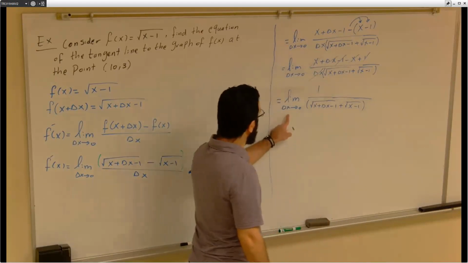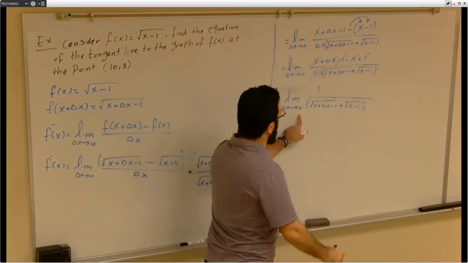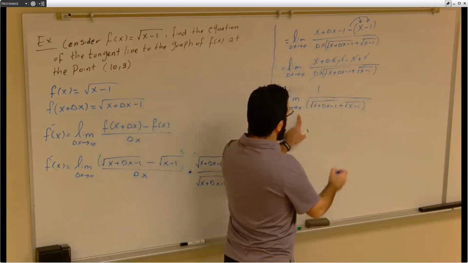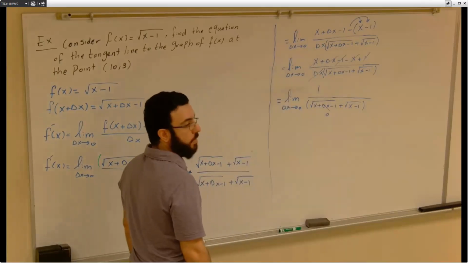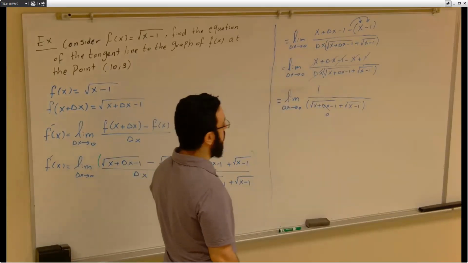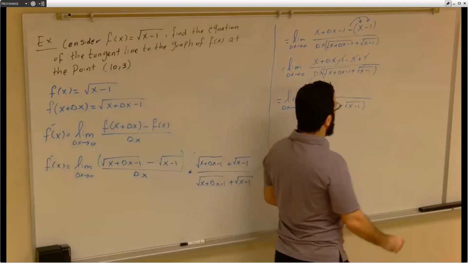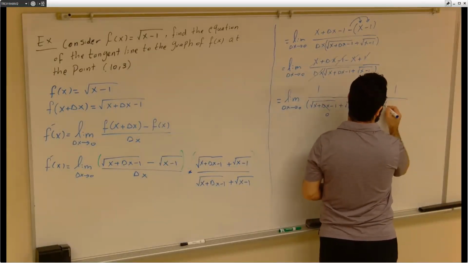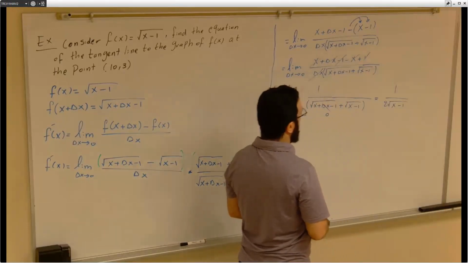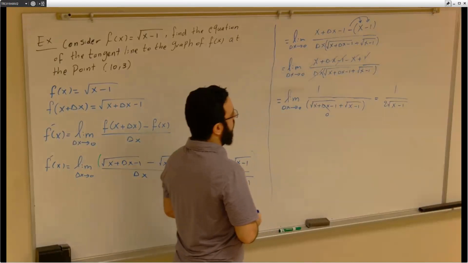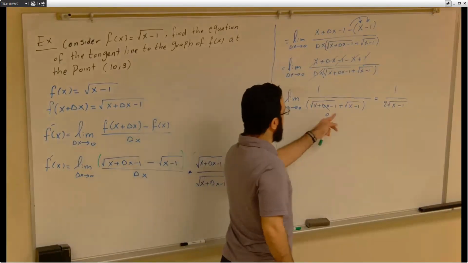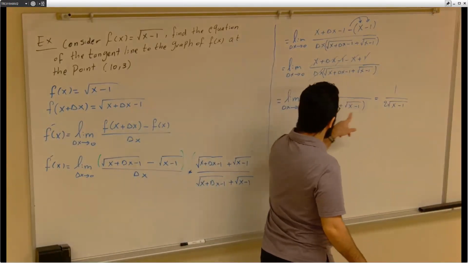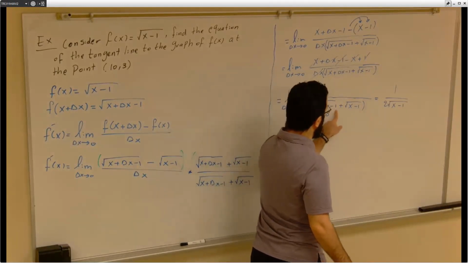Now, when the limit goes to 0, that means this term is going to be 0. So we have x minus 1 and x minus 1. In this case, this is going to be equal to 1 over 2 square root of x minus 1, because we add the square root with the square root, so it's going to be 2 square roots of x minus 1.